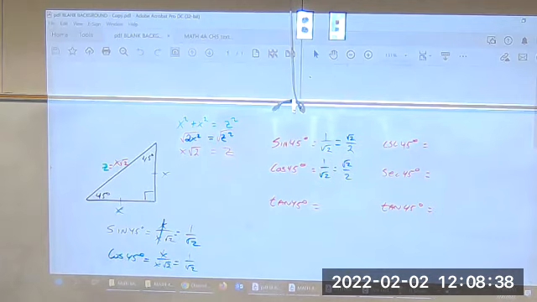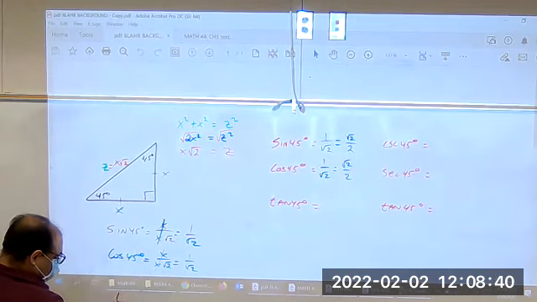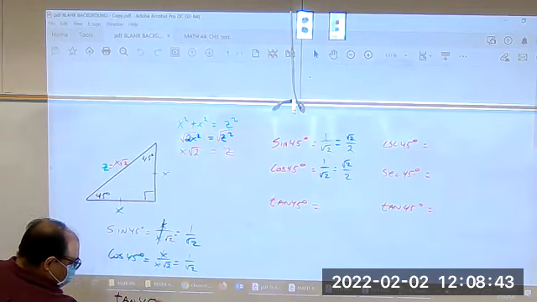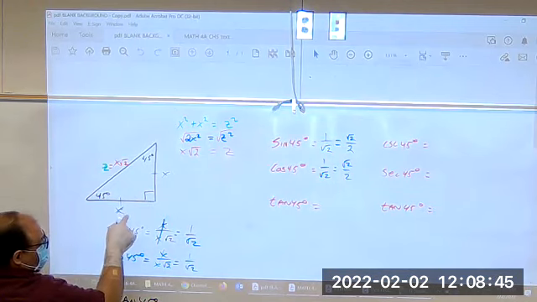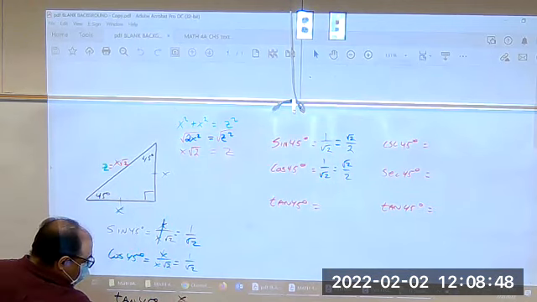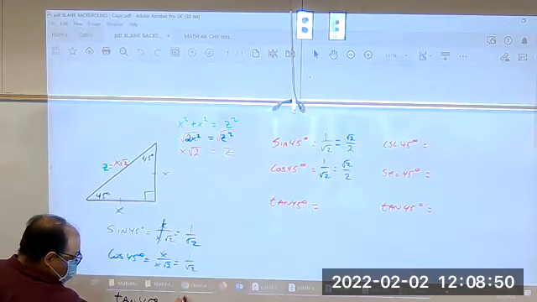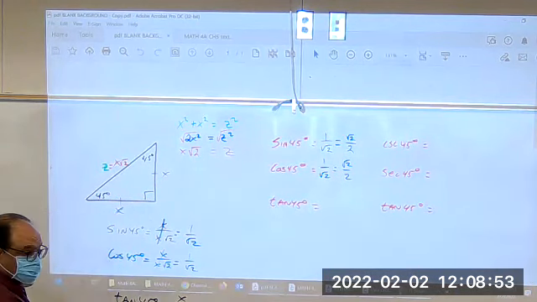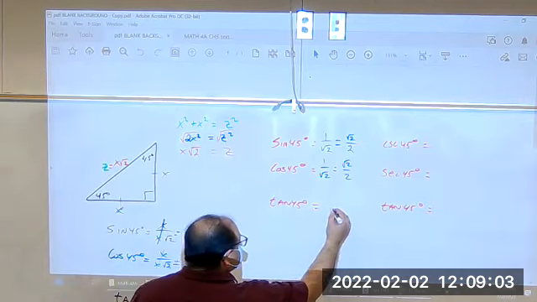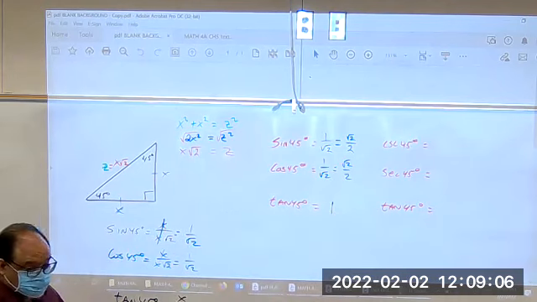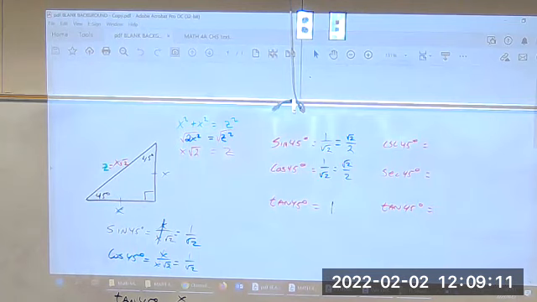Tangent: opposite over adjacent, so opposite 45 is that x, adjacent is this x, x divided by x is 1. Because it's isosceles, opposite leg and adjacent leg are equal to each other. Always going to be a 1, no matter what.